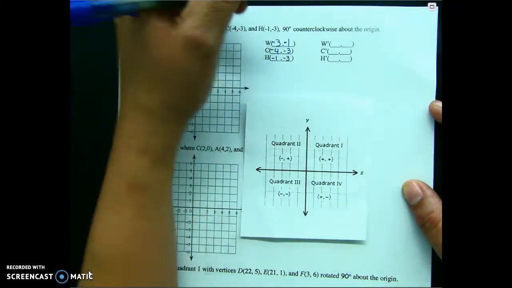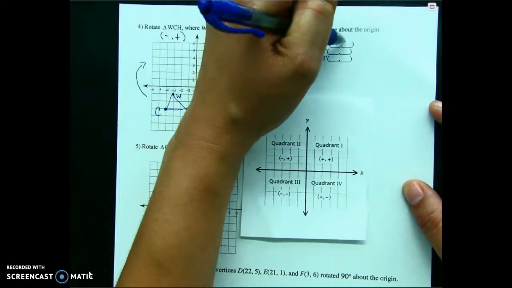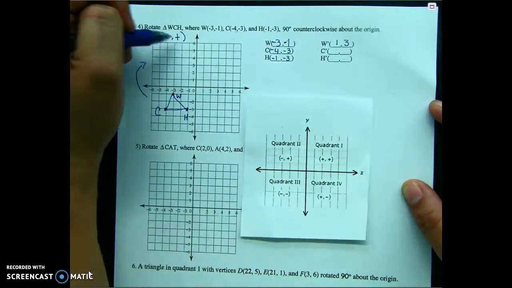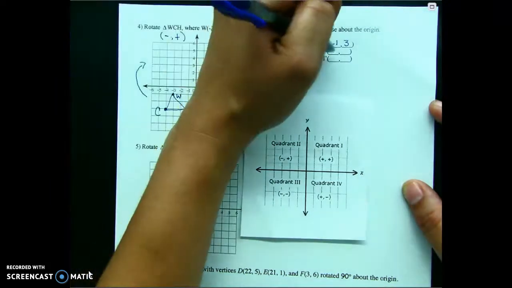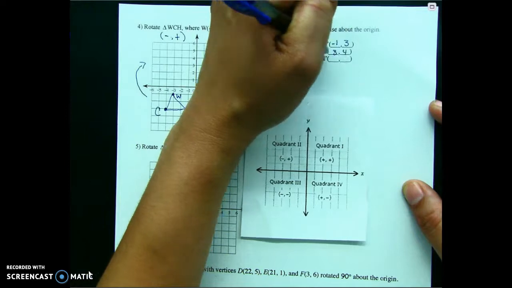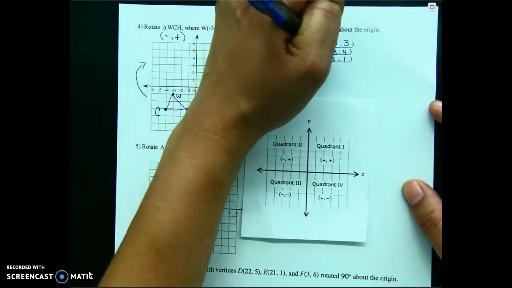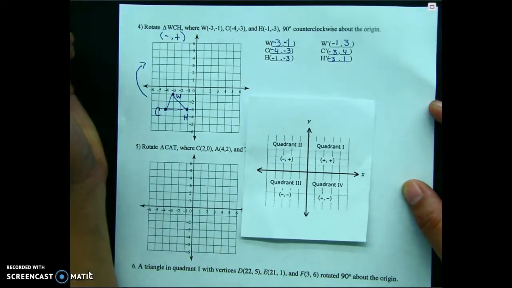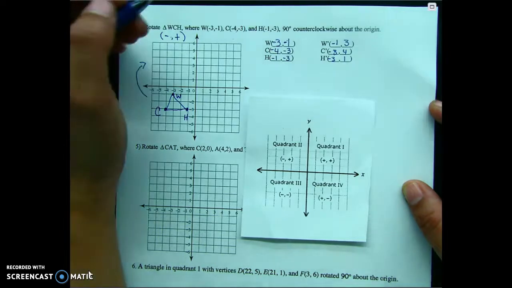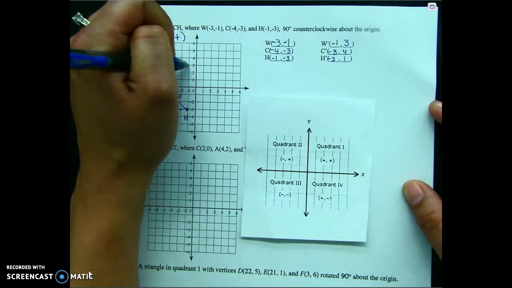I'm going to follow step 1: swap x and y. And follow the signs for your quadrant. Swap x and y, and x is negative. Swap x and y, and x is negative. I'm going to plot the points, and I'm going to get (-1, 3).